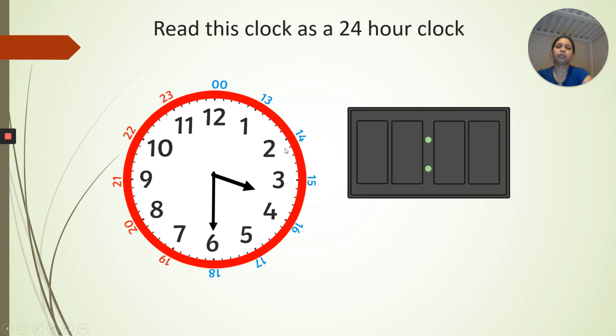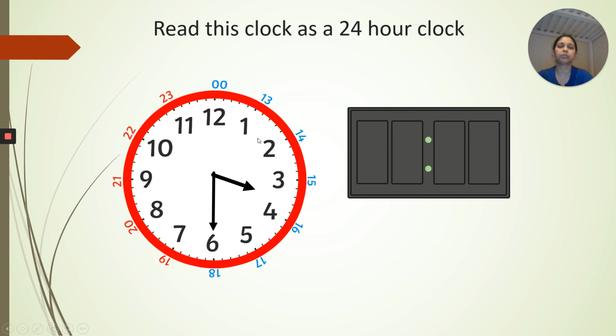Okay, so what you have to do is try and read this clock as a 24-hour clock, and this will be your task for today, to read the clock and write it down on that piece of paper in 24-hour time. Okay, so if this was your 24-hour clock, what time would it be? Okay, so we know that in a 12-hour clock, it would have been 3:30, because the number 6 in minutes, this is your minute hand.